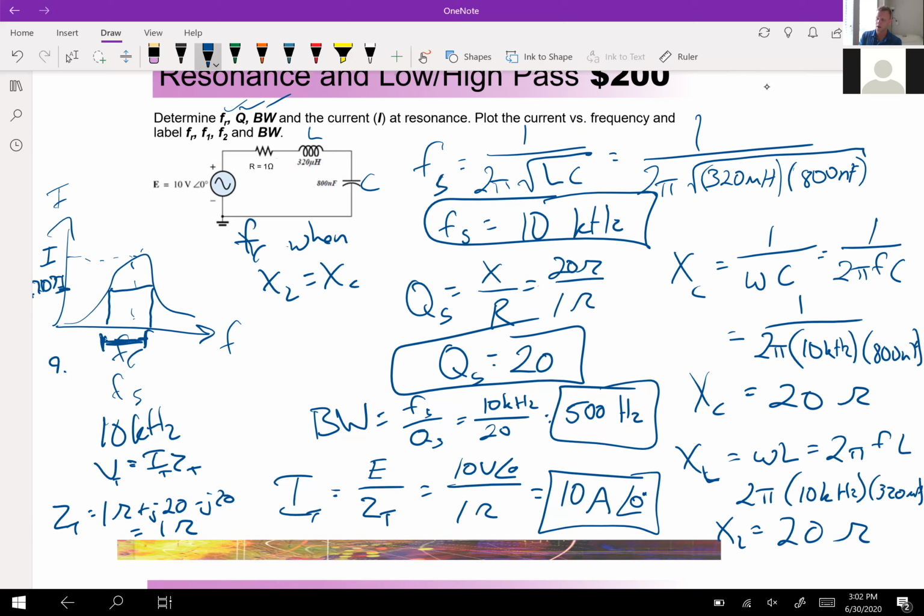It's 9.75 kilohertz on one side and 10.25 kilohertz on the other side. So the resonant frequency plus or minus the bandwidth divided by 2. That makes sense. If I'm at 10 in the middle, I go 250 either way, and there's my whole current that's been plotted. So this is I max, this is 0.707 I max.